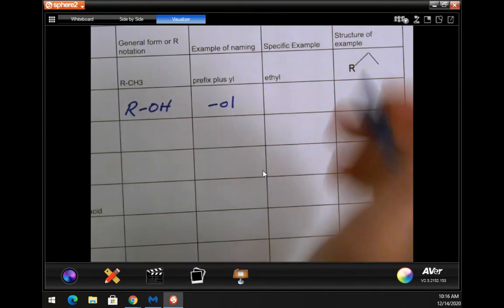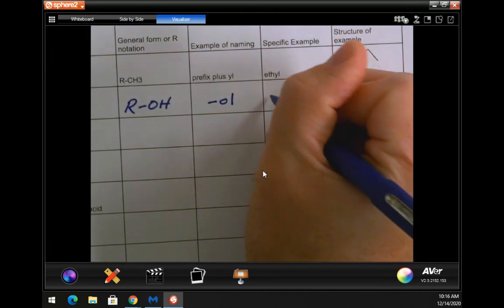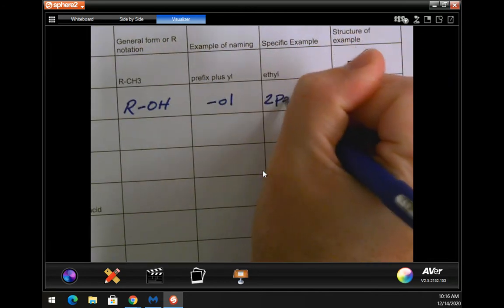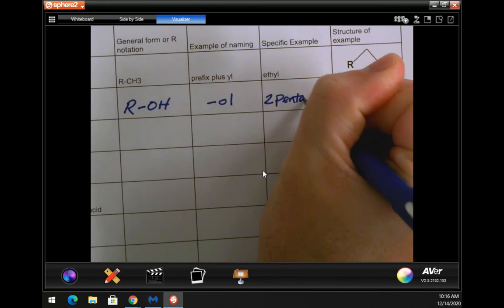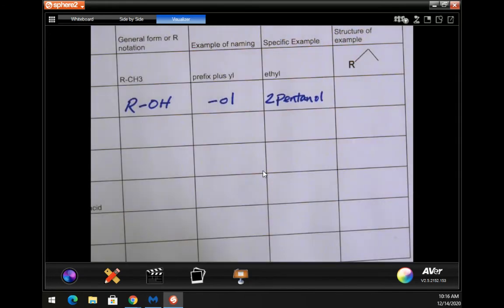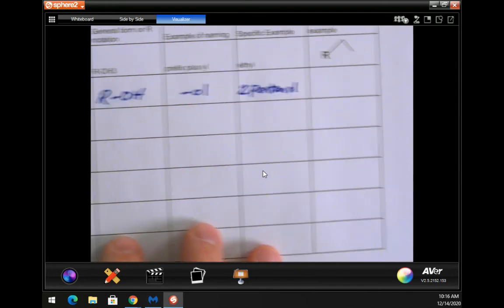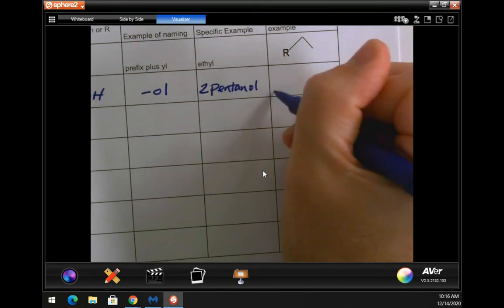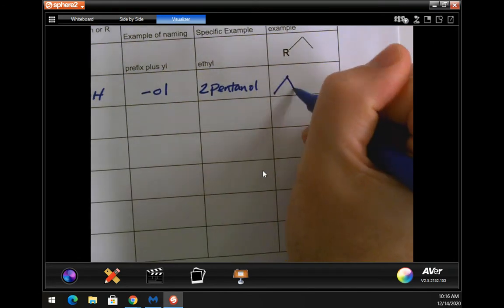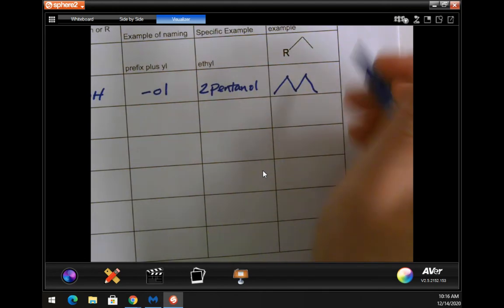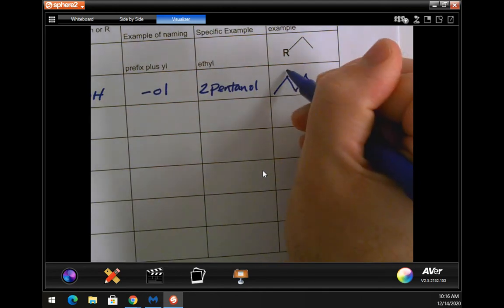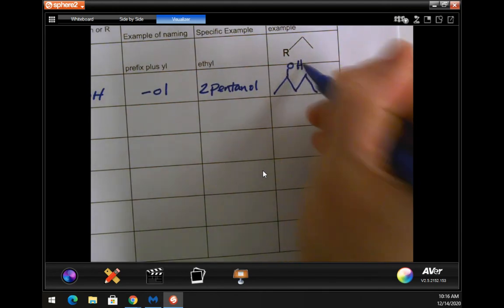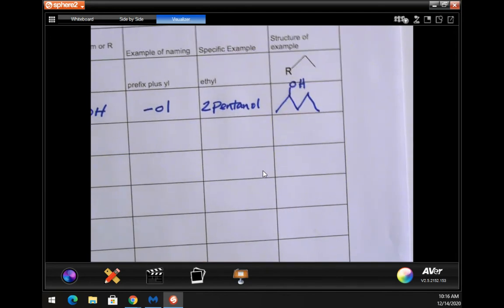So if we had something like 2-pentanol, it would look something like this. You draw out your pentane, 1, 2, 3, 4, 5, and then off the second carbon, you'd have an OH. You guys see that okay?